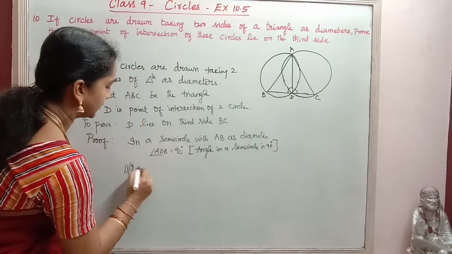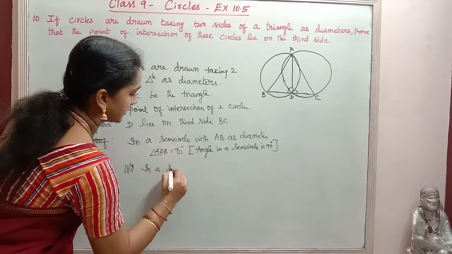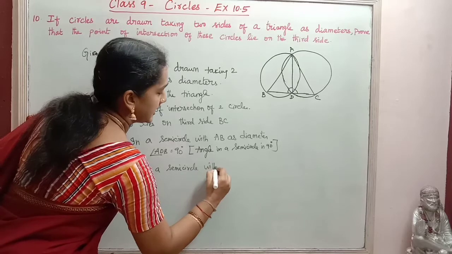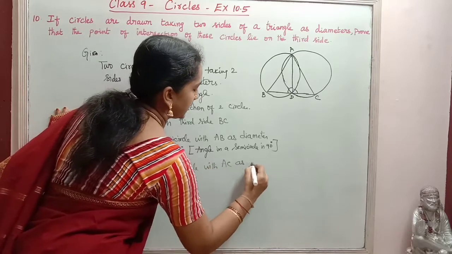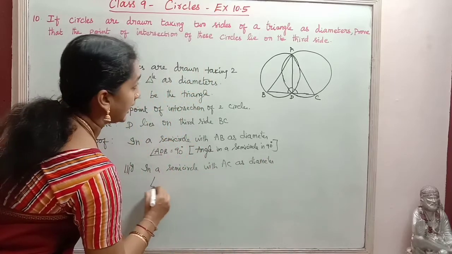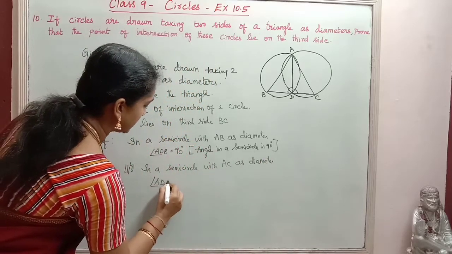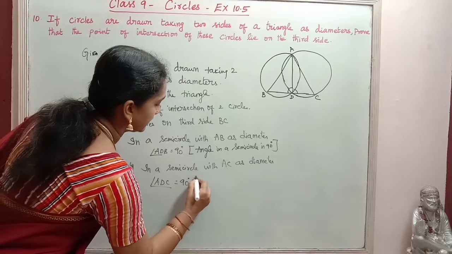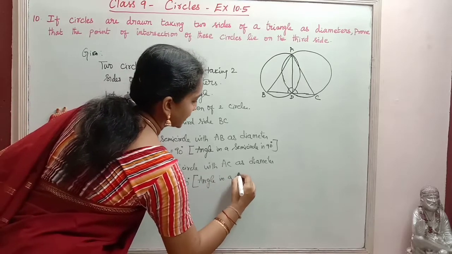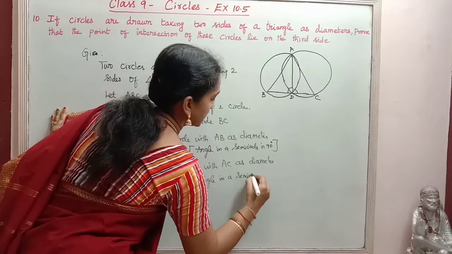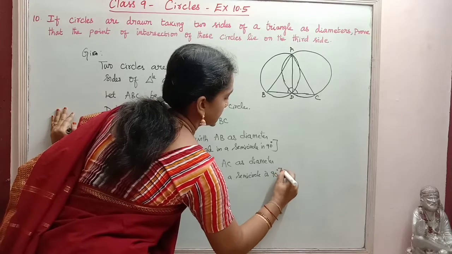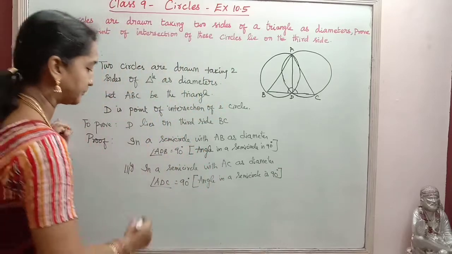Similarly, in a semicircle with AC as diameter, angle ADC is equal to 90 degrees. Angle in a semicircle is 90 degrees.